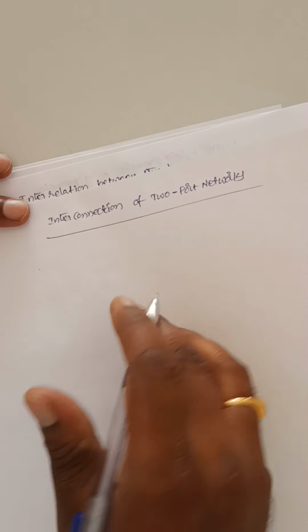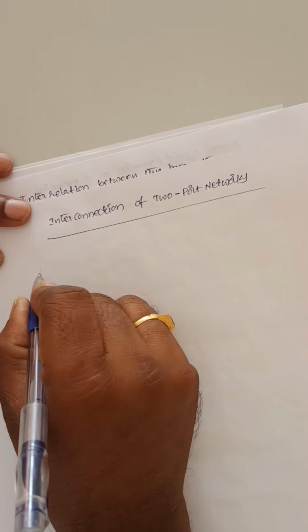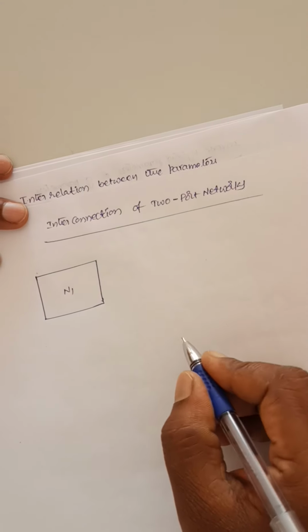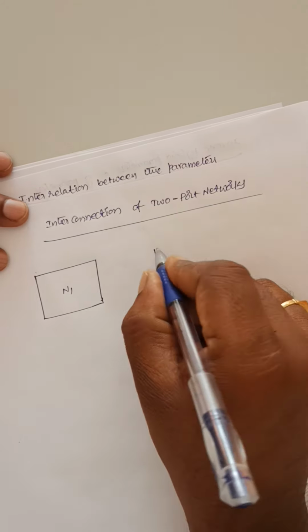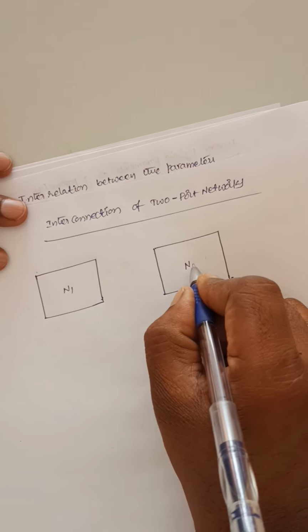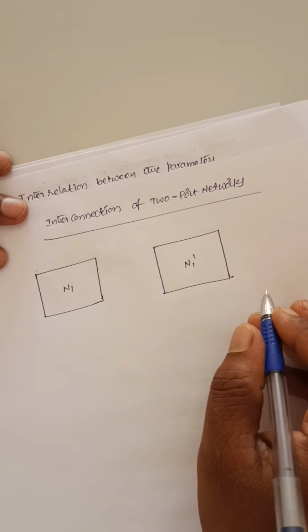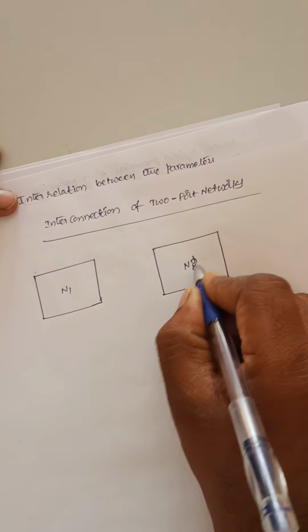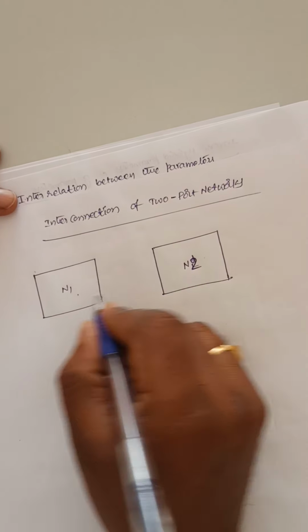You see here, there is one two port network which is named as N1, and another two port network, let us assume it is N2. So it is N1, it is N2.